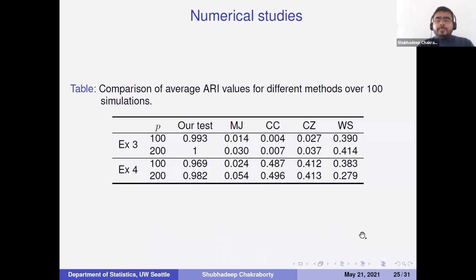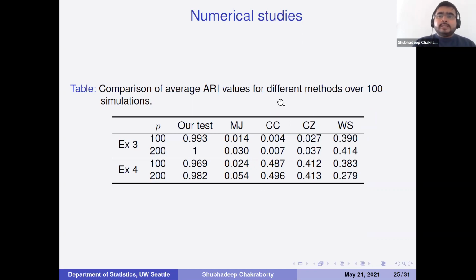Let's see how our method performs compared to the other state-of-the-art methods. We consider again sample size 100 and dimension 100 or 200. First of all, the method by Wang and Samworth doesn't do great, as expected, because the change is not in the mean, it is in higher order moments. The graph-based tests by Chen and Zhang and Chu and Chen also don't do great.